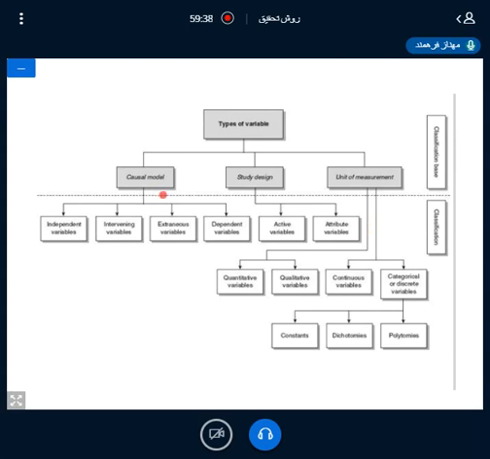So in the causal model, we have four variables that we have reviewed. In study design, we have active and attribute. And in unit of measurement, we have four kinds of variables: quantitative variables, qualitative variables, continuous variables, and categorical or discrete variables.